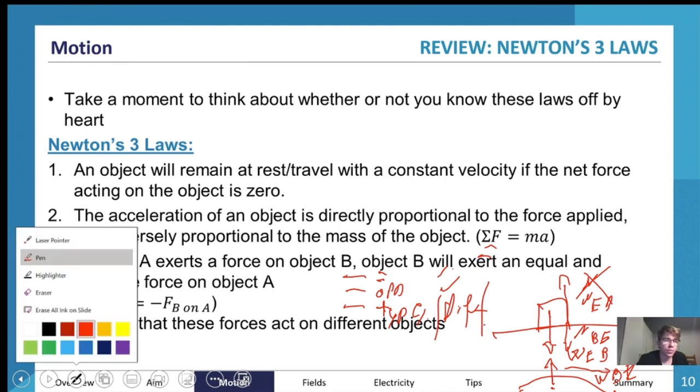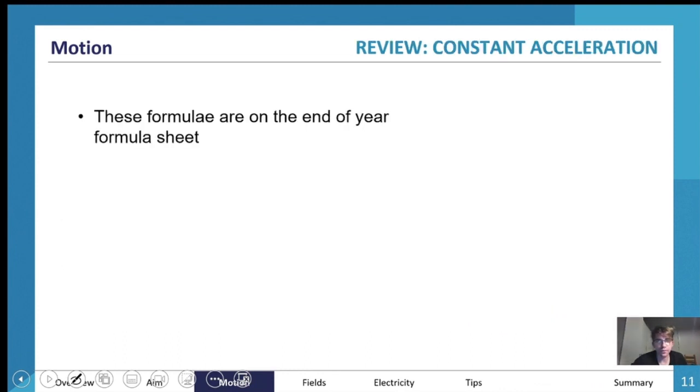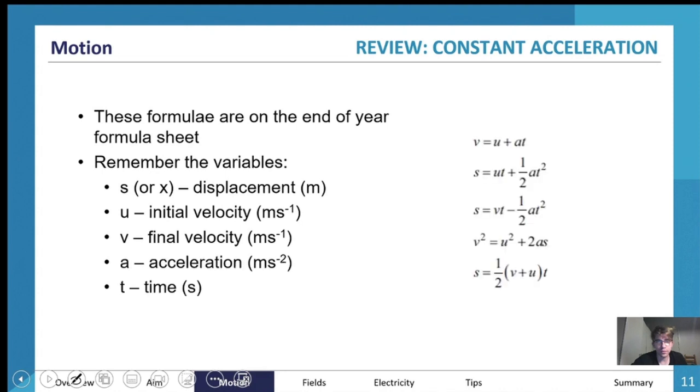Now let's keep going. Let's look at some constant acceleration formulas.